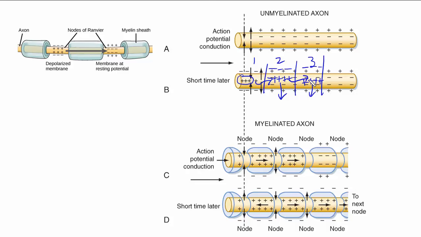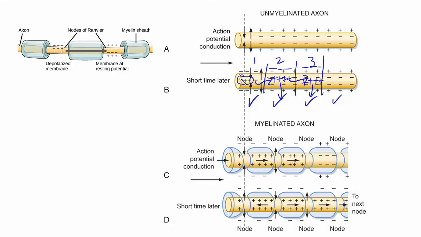But this is how the action potential is propagated or transmitted on an unmyelinated axon. It occurs at every spot along the neuron. If you imagine a meter stick with millimeter markings, just imagine it occurring at 1 millimeter, 2 millimeters, 3, and it just keeps going like a burning fuse. It just happens again and again. It's very quick, but it's not as quick as this next method we're about to look at.